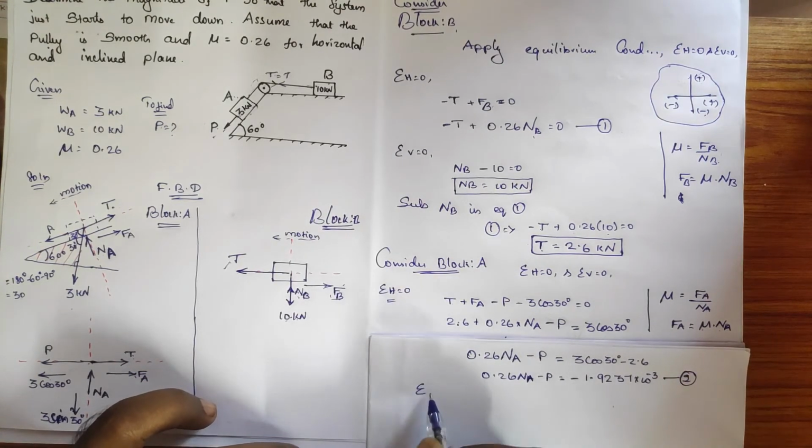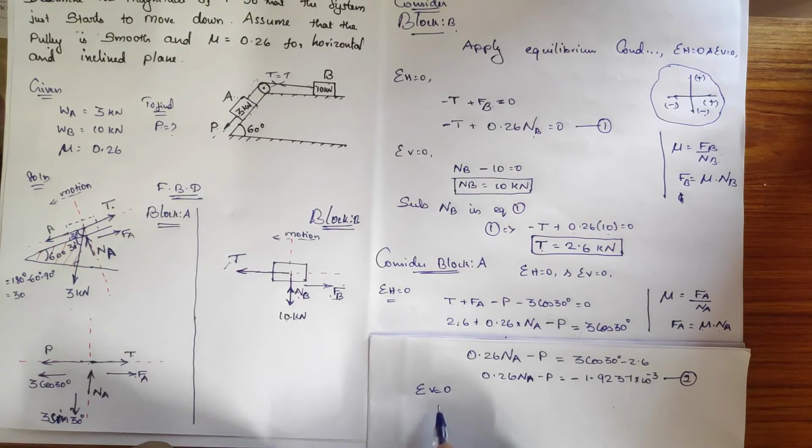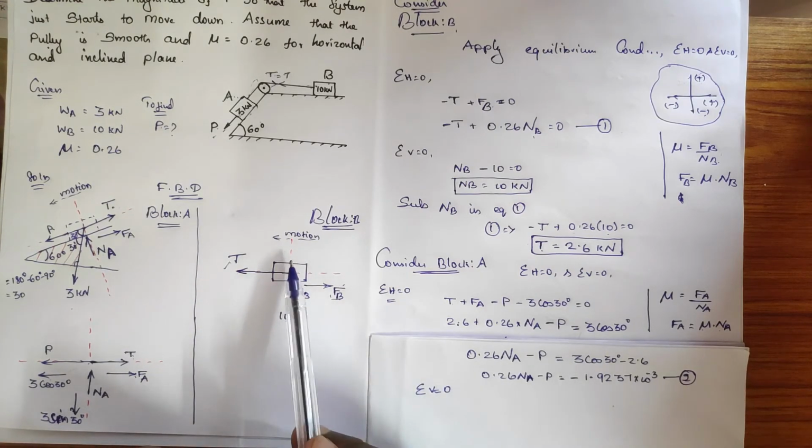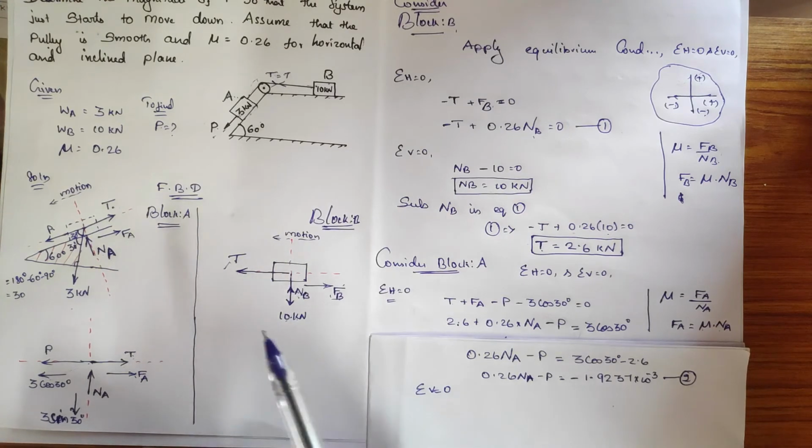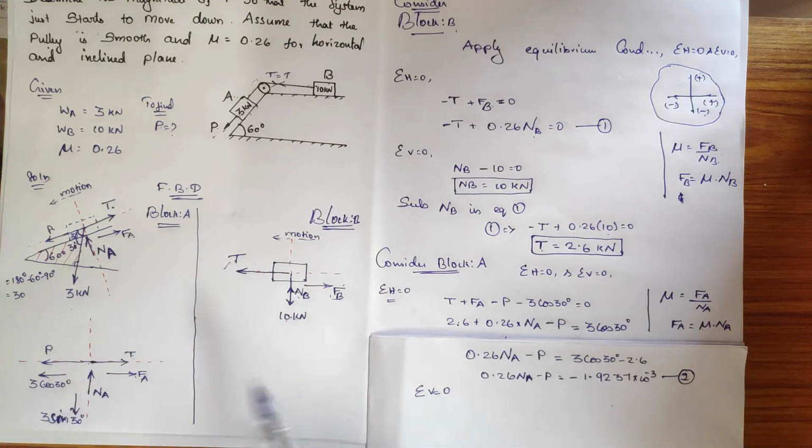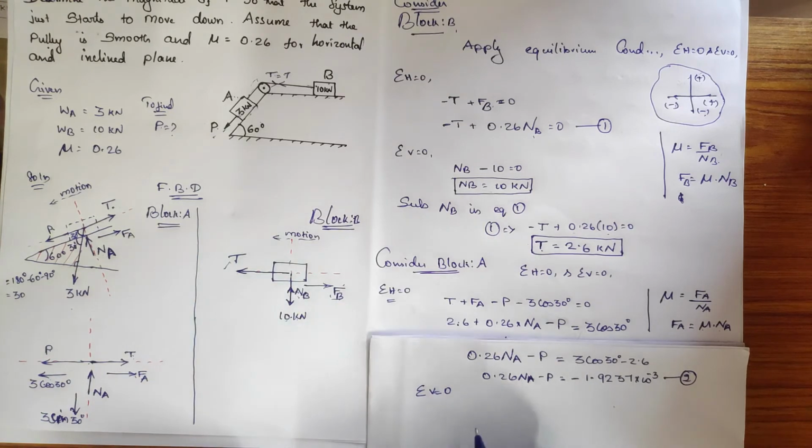Then put sum of vertical force, which is equal to 0. So here the vertical force is concerned, we have only two vertical forces, one is NA and 3 sine 30 degree. NA is directed upward, so it is positive.